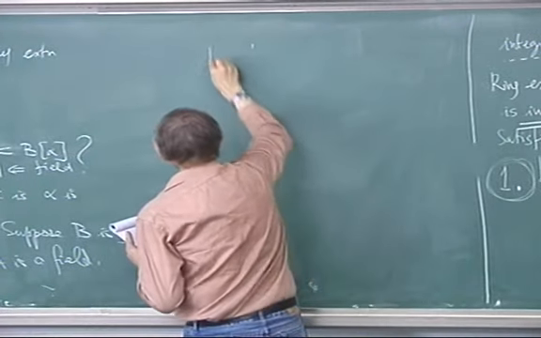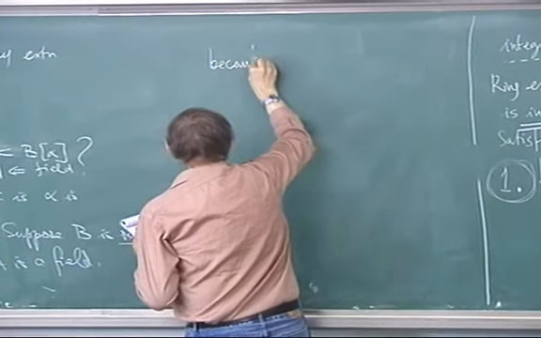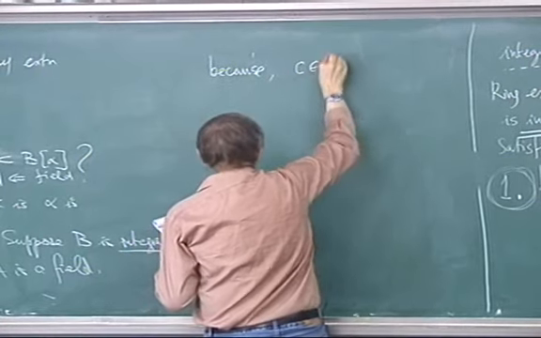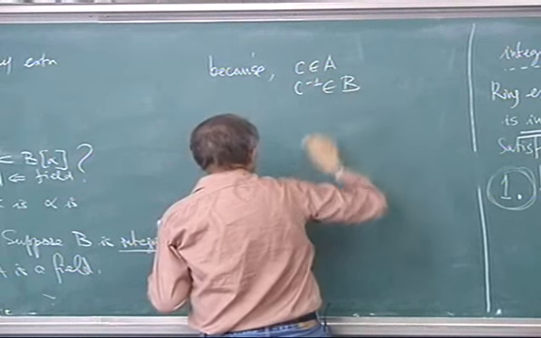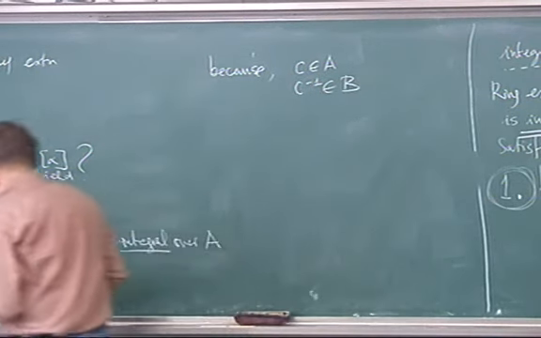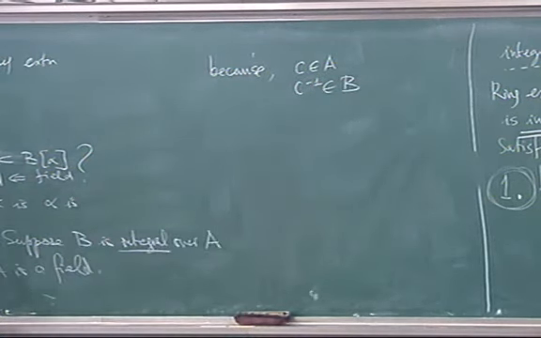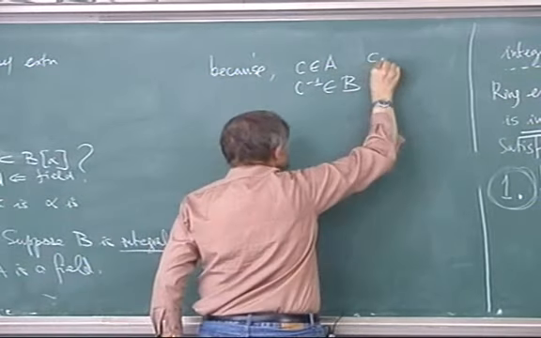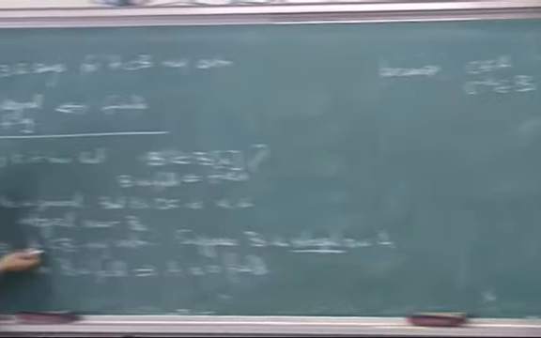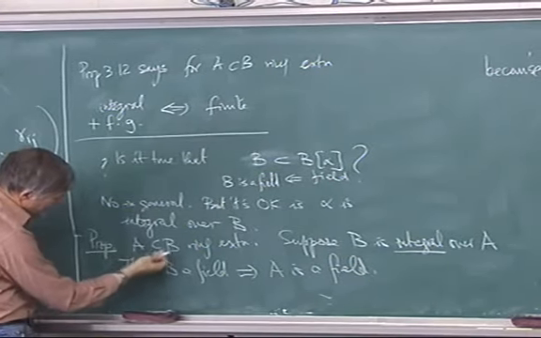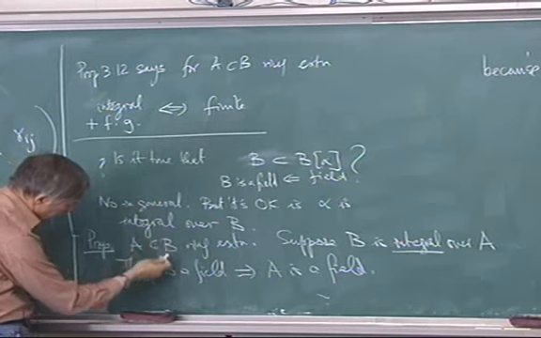Because if I take c in A, c not equal to 0, then c to the minus 1 is in B. So A going up to B is a ring extension, and we're assuming that B is a field.